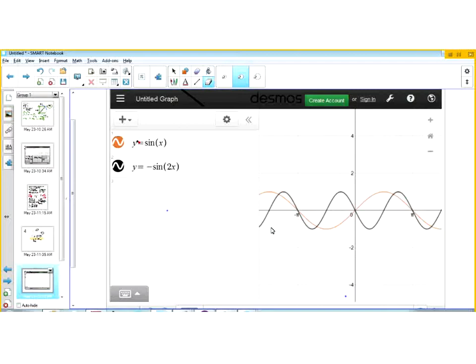All right, this is an interesting one. The next curve: the multiplier on x to modify the period doesn't always have to be an integer.